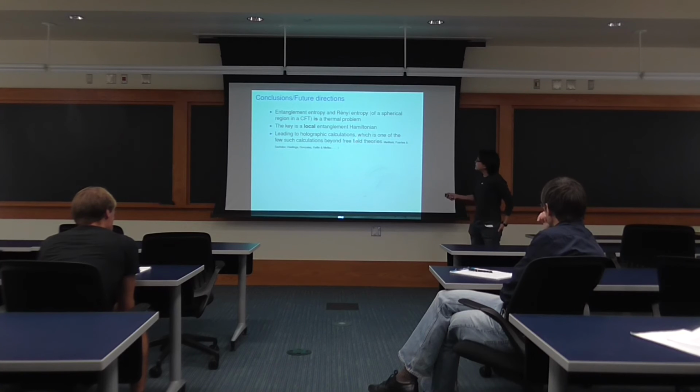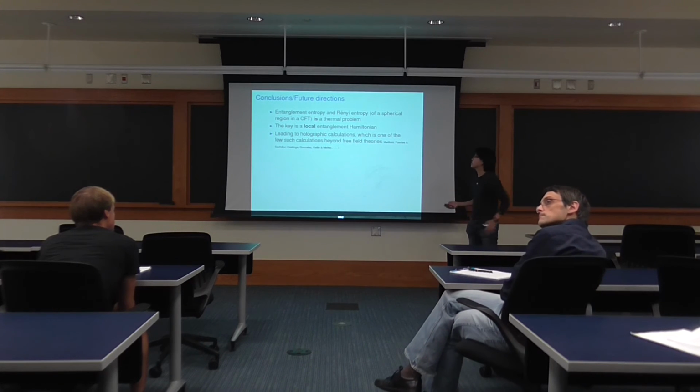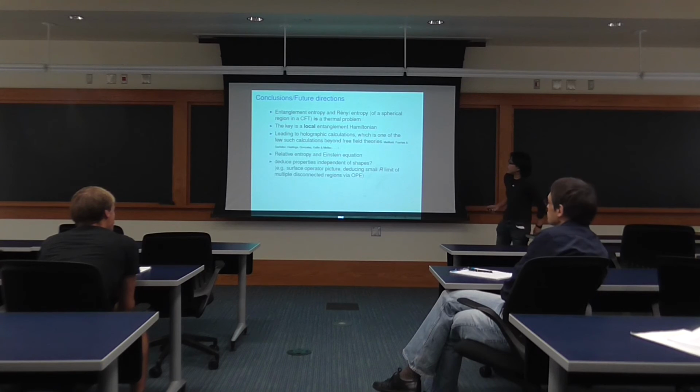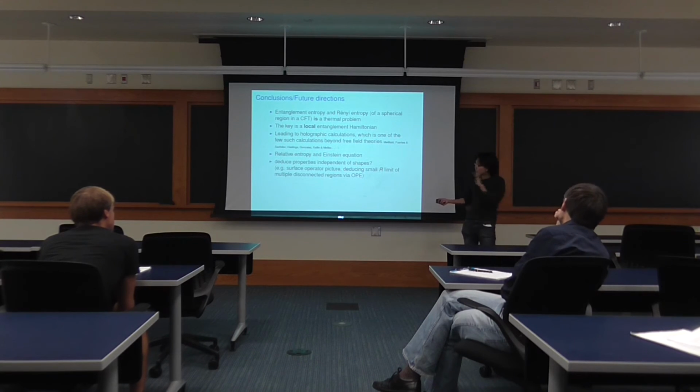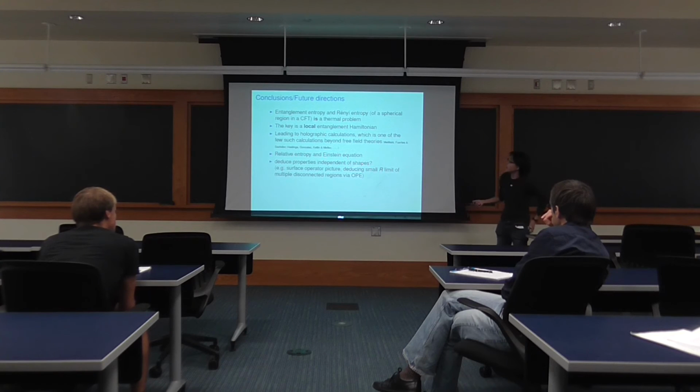This kind of interpretation has led to holographic calculations, which are really one of the few such calculations that you could do beyond free field theories. I have also demonstrated how, by looking at some other interesting measure of entanglement, it seems to have very non-trivial constraints on the gravity theory.